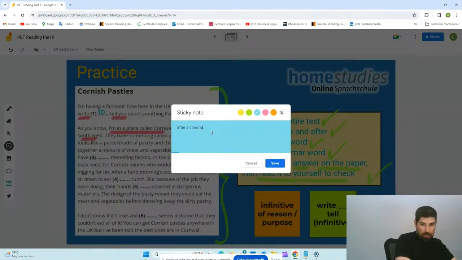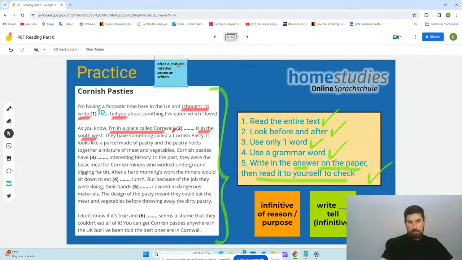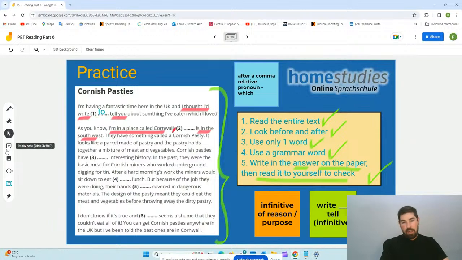After a comma, you will have a relative pronoun. Something like which. Okay, and that defines it. I'm in a place called Cornwall, which is in the southwest.